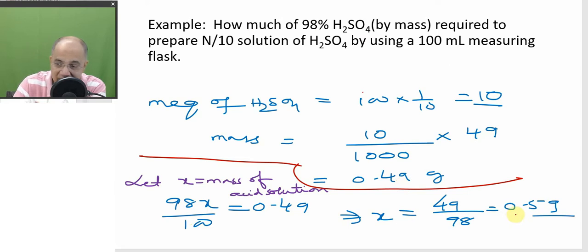So then X is 0.5 gram. So if you take only 0.5 gram of this concentrated solution and add water till the 100 milliliter mark, that will be called N by 10 solution, or a decinormal solution of sulfuric acid. Got it? How is this going? How are you catching? Good?